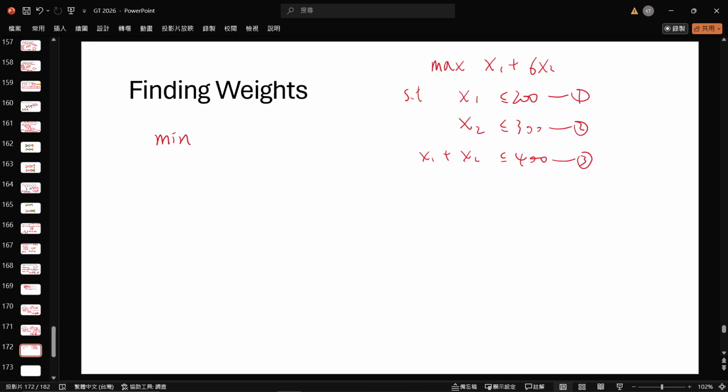Then we want to find some variables which will be used as weights, multiplied to the right-hand side. And then we want to minimize the sum of the right-hand side. Because we want to treat these weights as variables, I'm going to use y1, y2, and y3. So y1 is the weight for constraint 1, y2 is the weight for constraint 2, and y3 is the weight for constraint 3.